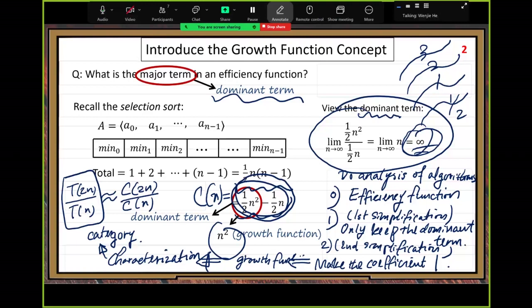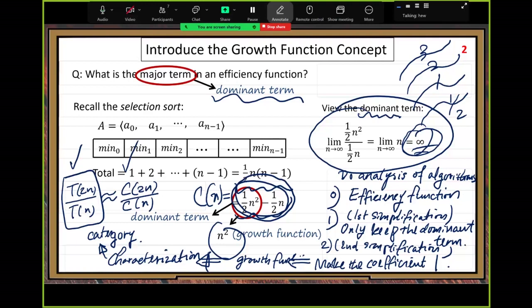Oh, okay. Because it's different from the growth function. The rate is different from the growth function. The dominant term growth function, we can put the growth function here. Because with the growth function here, we say they are in the same category. So here, the T function and the C function are in the same category.